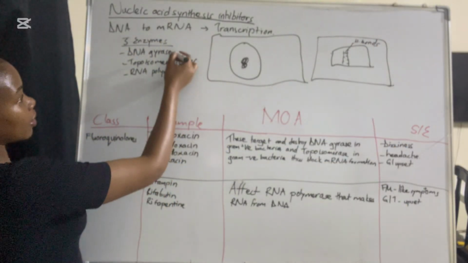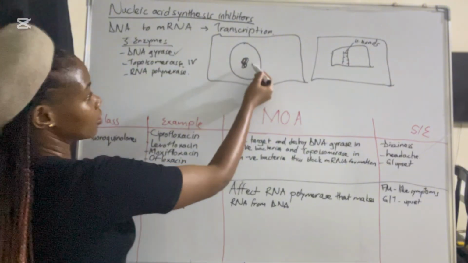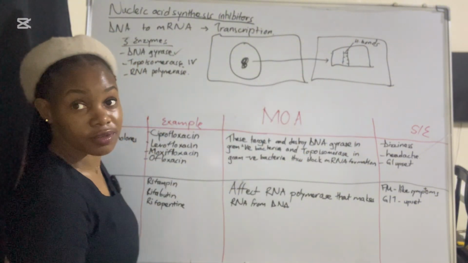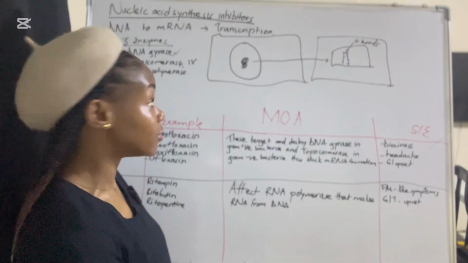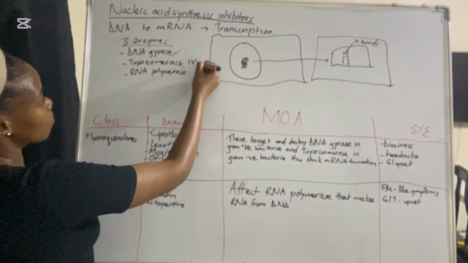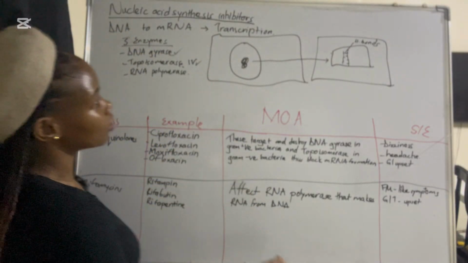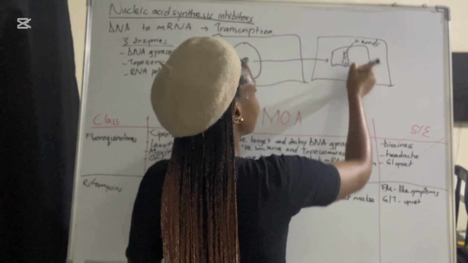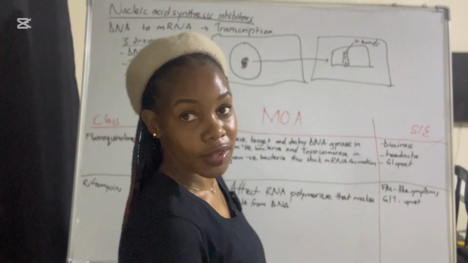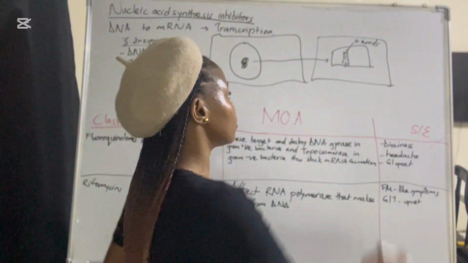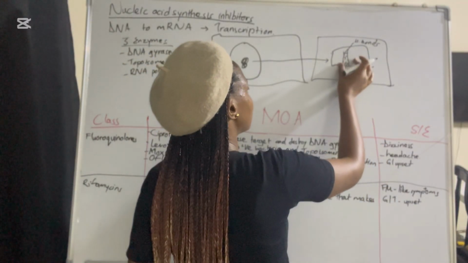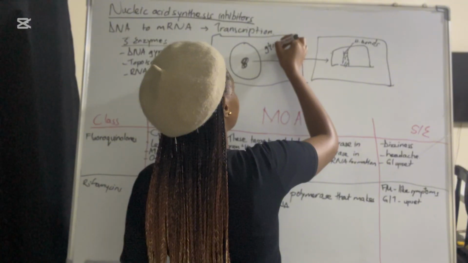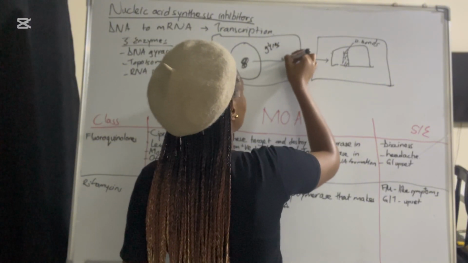After the DNA gyrase has unwound the DNA, it is the role of topoisomerase 4 to come and break down the hydrogen bonds.